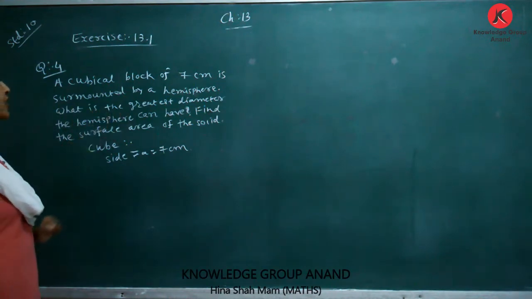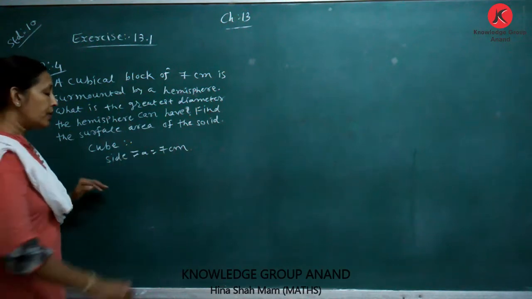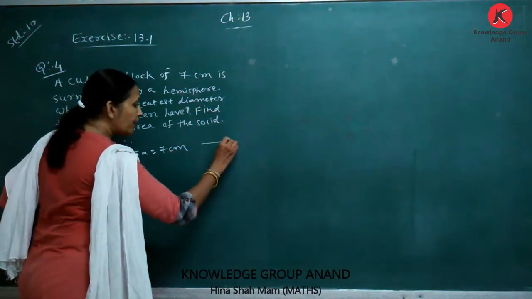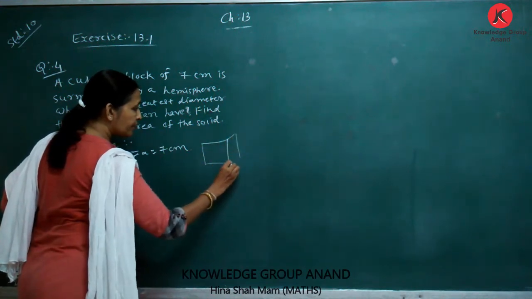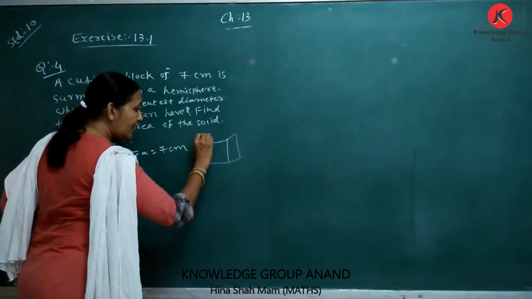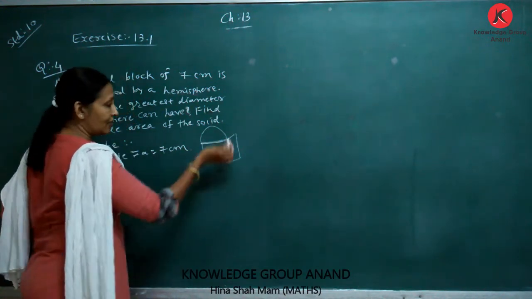What is the greatest diameter the hemisphere can have? Suppose we put it on the cubical shape. What is the greatest diameter? It is 7 centimeter.